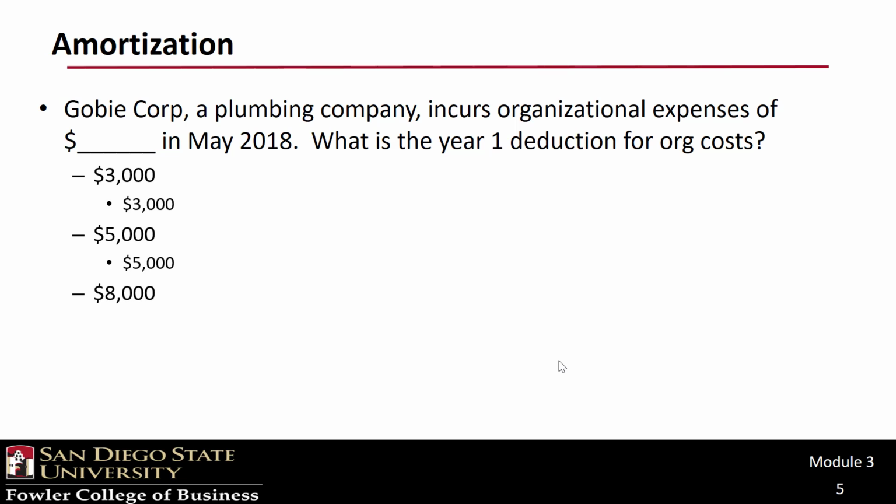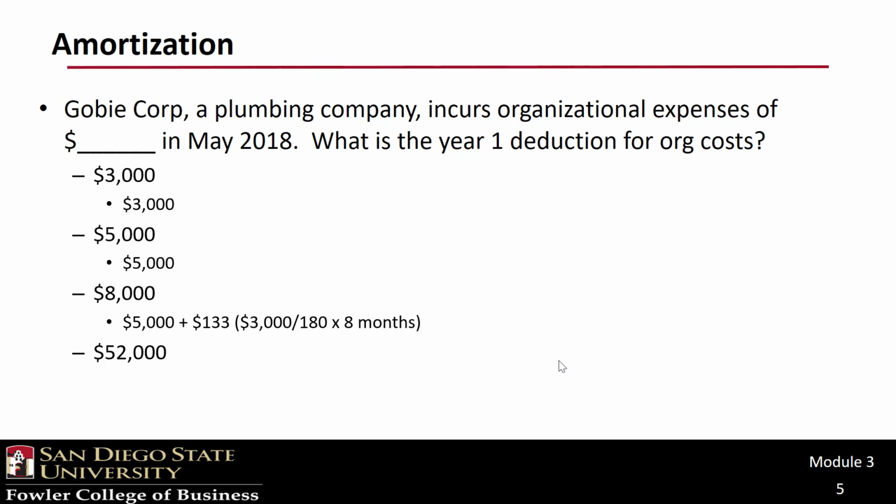Now if we're up to $8,000 of organizational costs, we're still below $50,000, so we can expense $5,000, leaving $3,000 that must be amortized over 180 months. 3,000 divided by 180 times the 8 months for the period from May to December is $133 for a total deduction of $5,133. Note that amortization uses a full month convention, so we get the whole month of May regardless of what day in May we start.